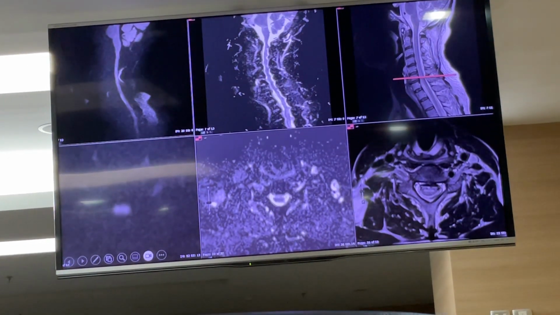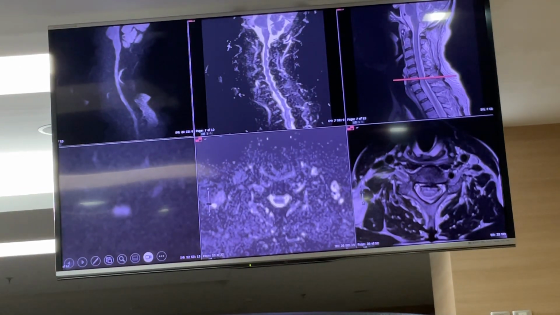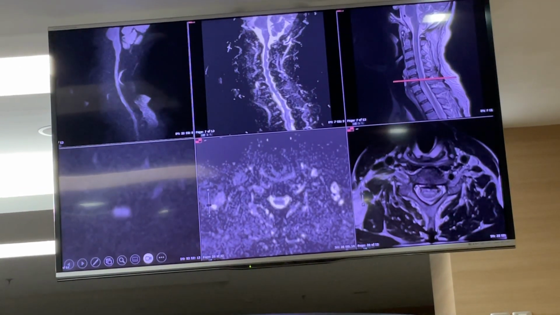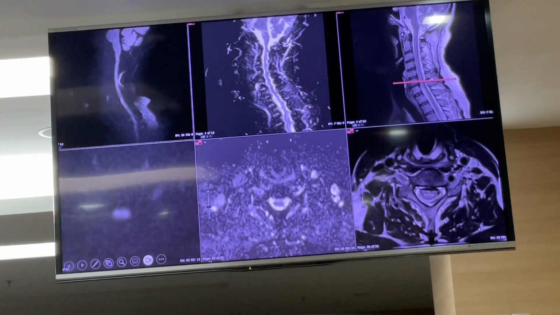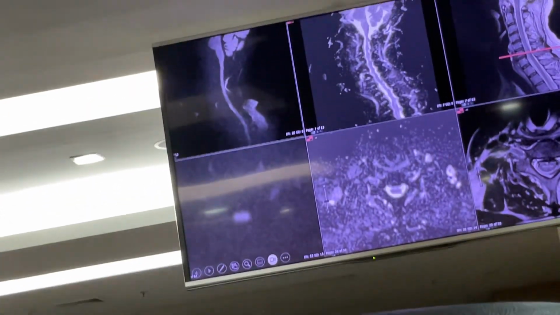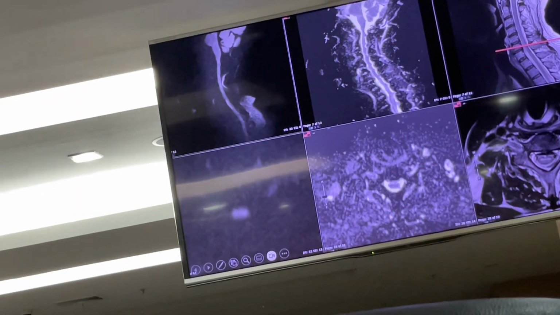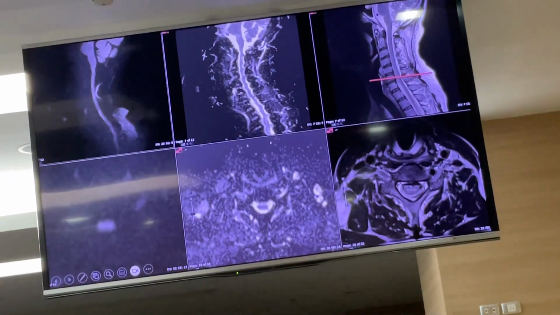So at that time, we scanned diffusion image on the sagittal view as well as axial view. You can see restricted diffusion on the area of hyperintensity, and this has been confirmed on axial view.